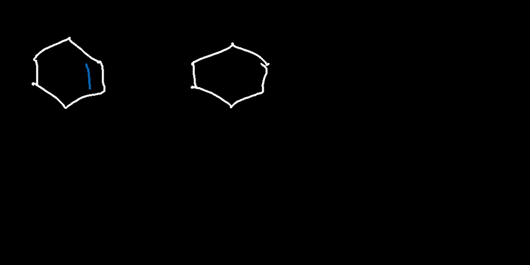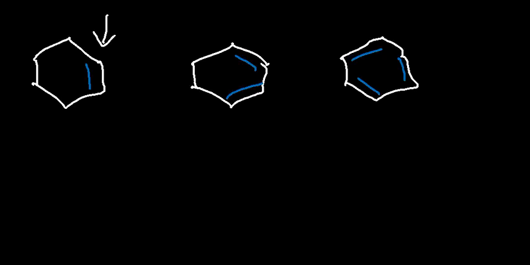Now the third thing you want to be aware of is conjugation. So here is cyclohexene. It has a double bond, and here we have a conjugated diene, and then we have benzene, which is even more conjugated. So this regular double bond is usually around 1650.